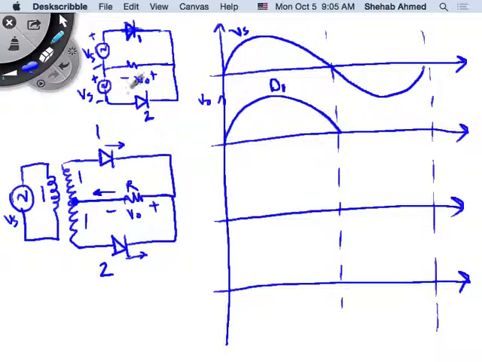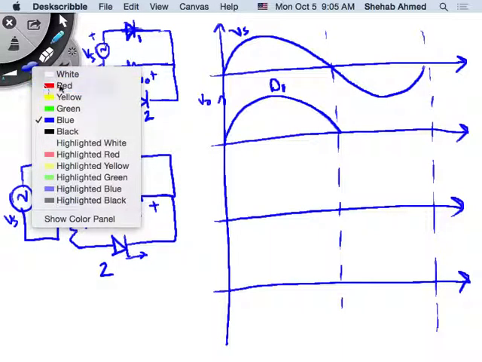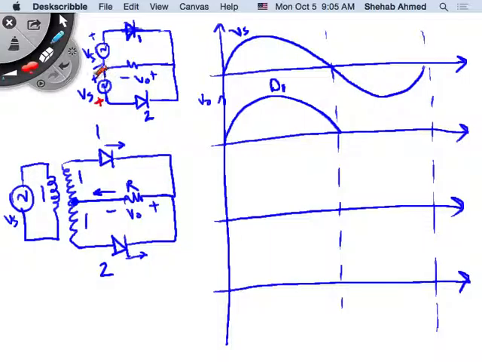How about in the negative half cycle? In the negative half cycle, this is positive here, this is negative. Right? So this diode can conduct, this diode will not conduct. This diode's an open circuit, this diode's going to conduct.